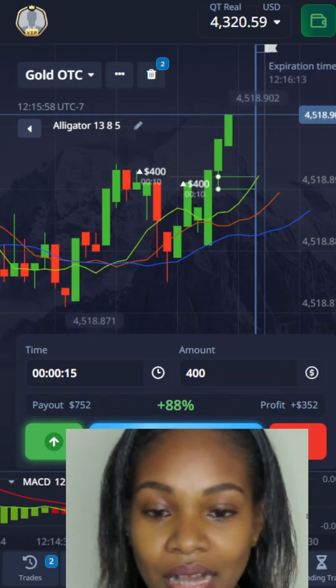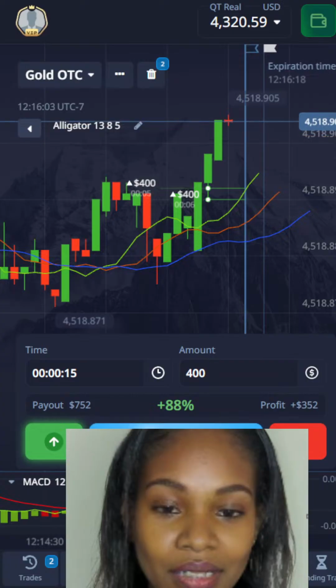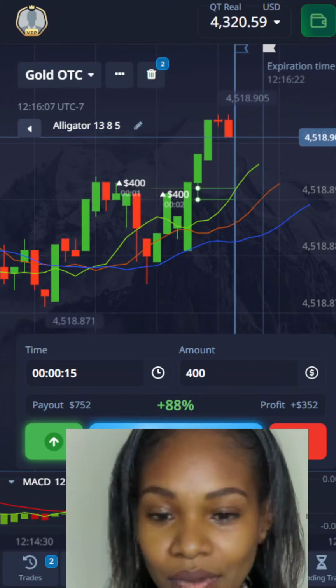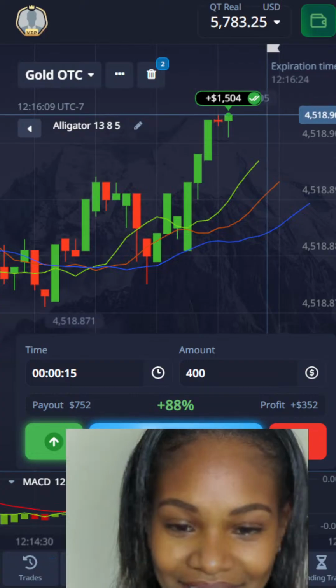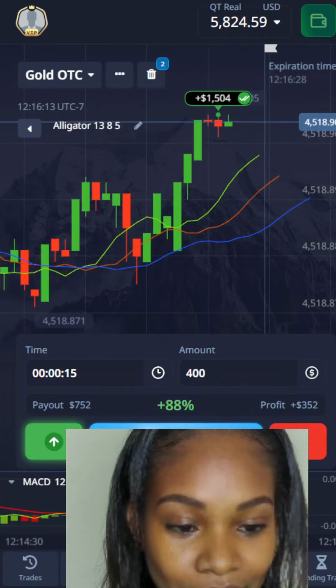So as we see over here, we have actually broken structure and we are moving upwards. Okay, so that is a beautifully formed bullish structure over there, and we close in a plus.